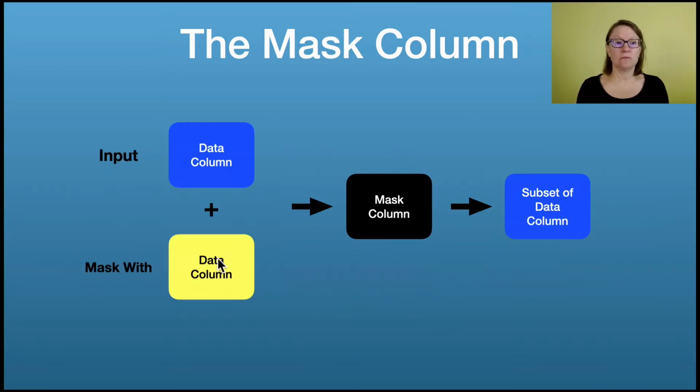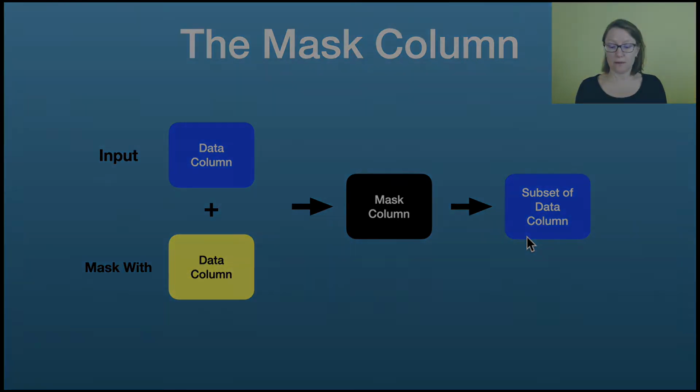Here you can see the flow again of how this works. We have input data, we have a data column, these go into the mask column, and then we get out of that a subset of data.